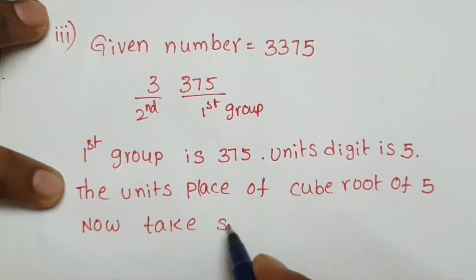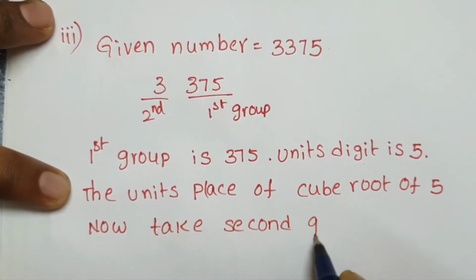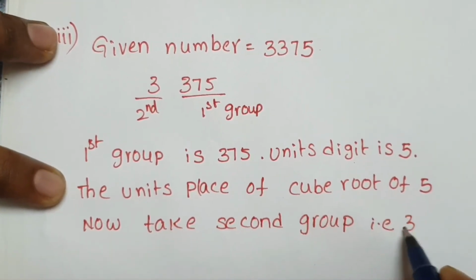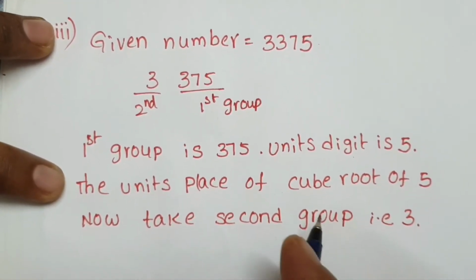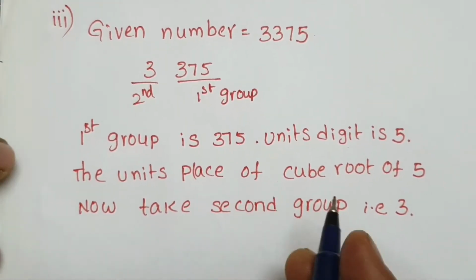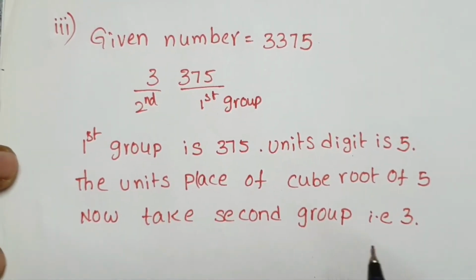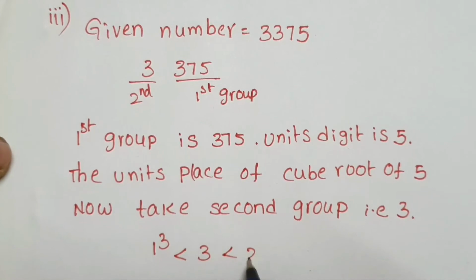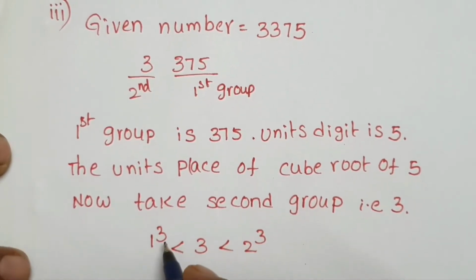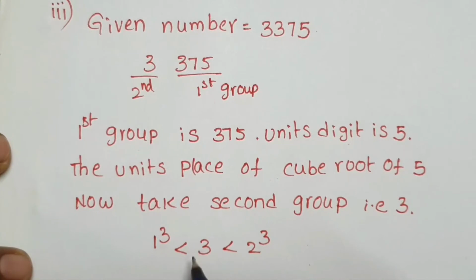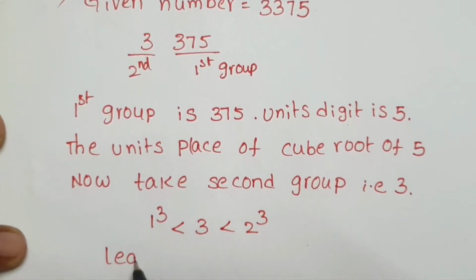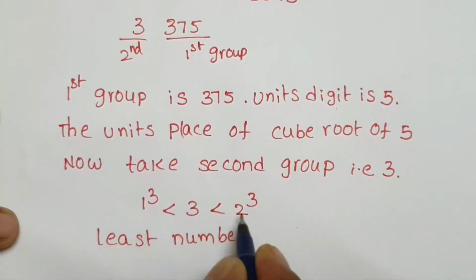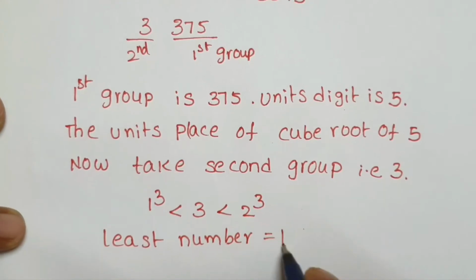Now take the other group, that is 3. In that, 3 lies between 1 cube and 2 cube, that is 1 cube less than 3 less than 2 cube. That's why 1 cube and 2 cube are written, and we take the least number, 1.